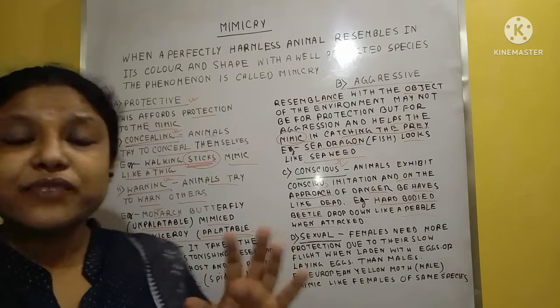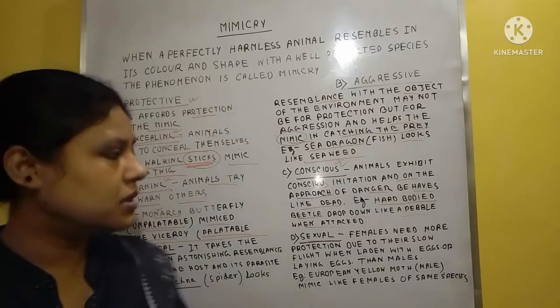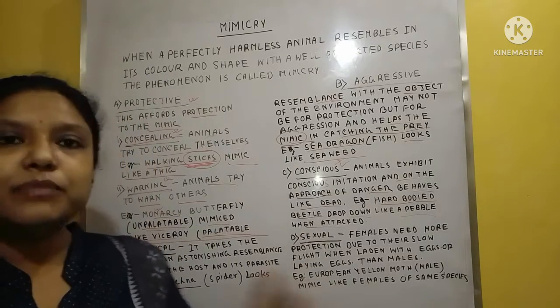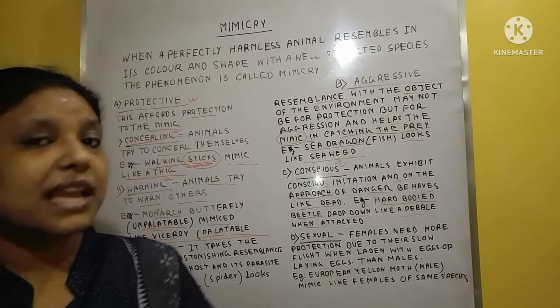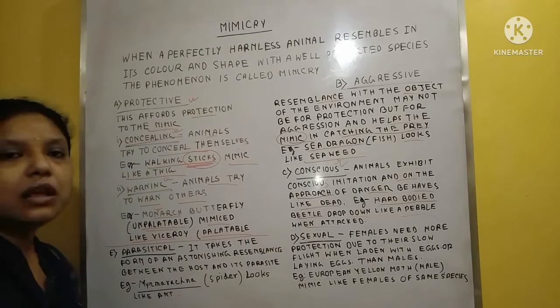Another reason is that it is very tough to fly in the air while carrying the eggs, because their flight becomes very slow. So they need extra protection, and this is called the sexual mimicry.